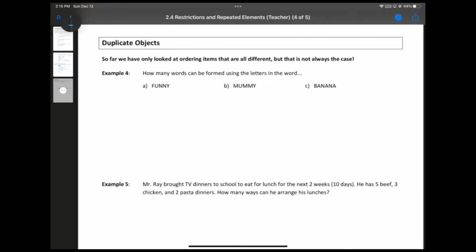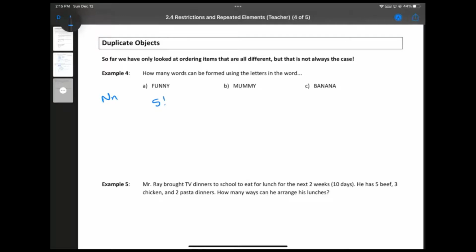Let's pretend that just for a second, instead of having 2 N's in it, the word funny had a capital N and a lowercase n. So pretend that those are actually 2 different letters. If they were different letters, then F-U-capital N-lowercase n-Y could be thought of as a 5-letter word.